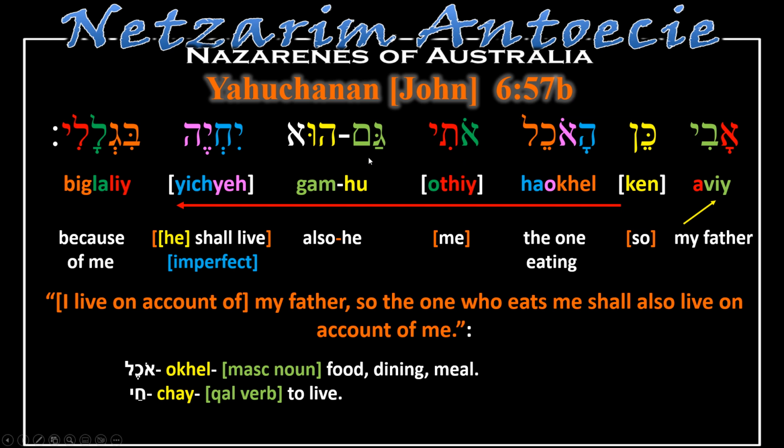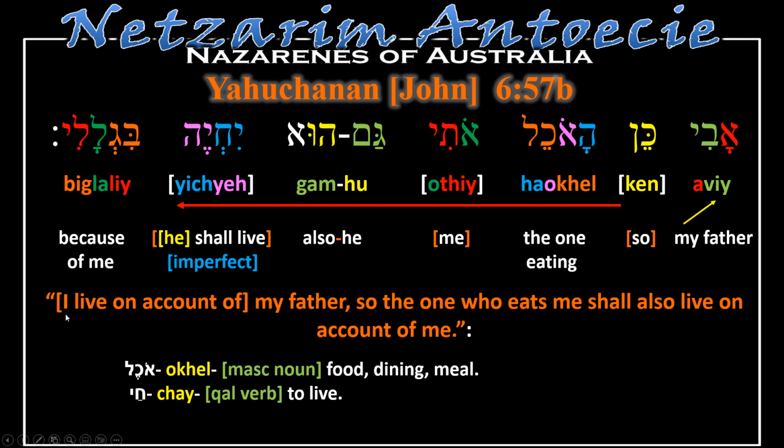Oti, me, gam, also, hu, he, yichyeh, he shall live, because it's an imperfect form with the yod in front. Biglali, because of me. Again, the ending suggests me.